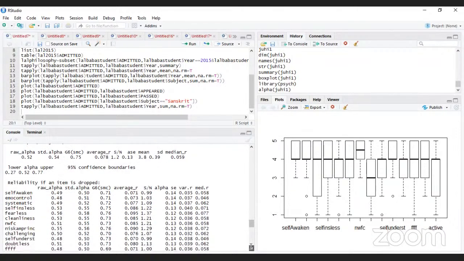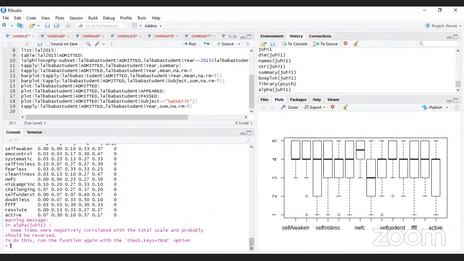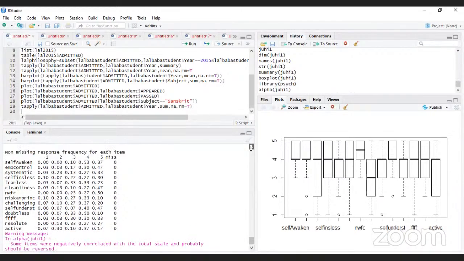And what is your intention? Your intention is to enhance the reliability. Then what is important? What Onu and Rose told you, the item-total correlation should be high. So I have noted the item-total correlation.